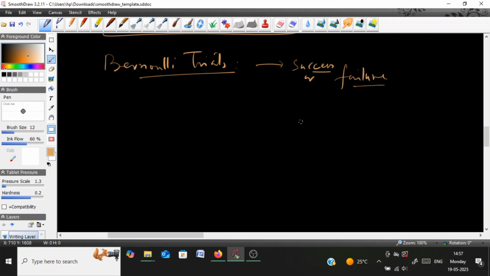We only have two possible outcomes, which we map to success or failure. So if a certain event A occurs, then it is a success, and if the probability of that event A is P, then the probability of success is P, and if Q is the probability of failure, then Q will be 1 minus P, of course.